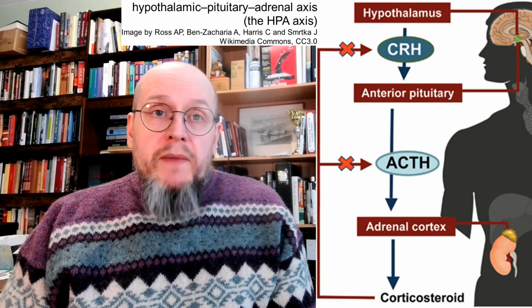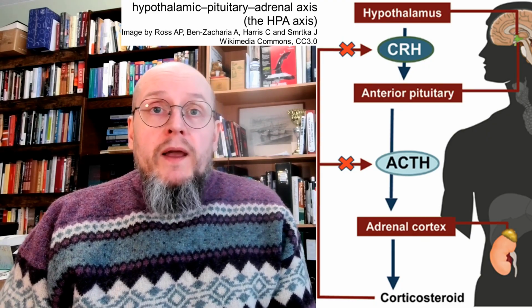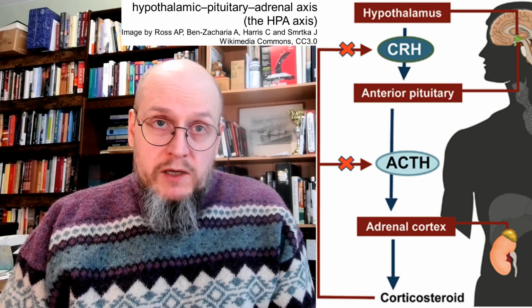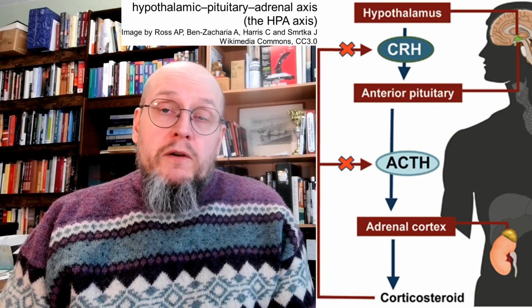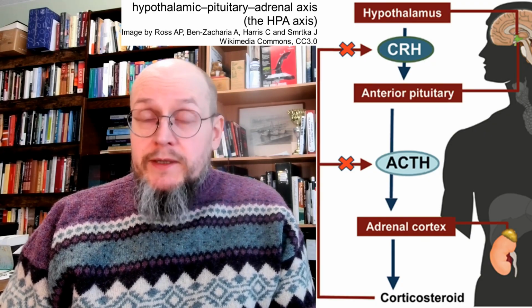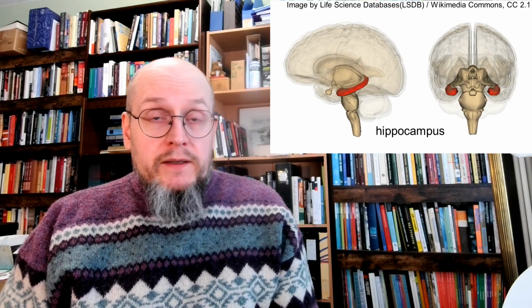This structure manages stress reactions, influences digestion and the functioning of the immune system, emotions, and sexual behavior. The child then has an increased risk of depression, heart and cardiovascular disease, and metabolic disorder. Chronic stress seems to affect the hippocampus, causing difficulties in learning.